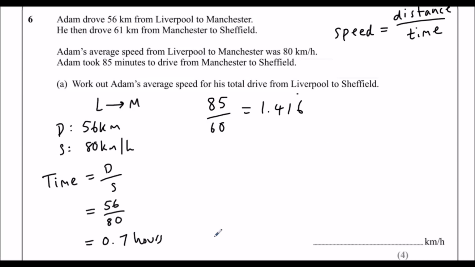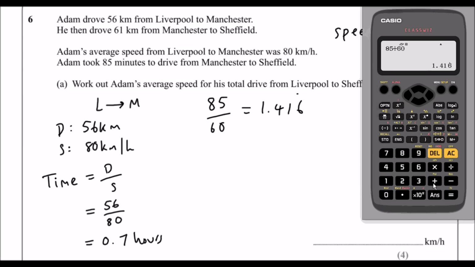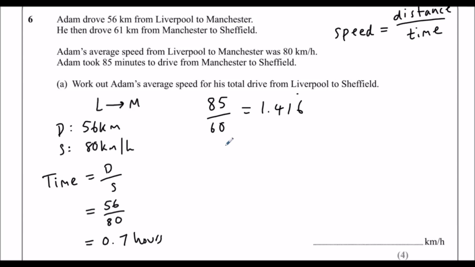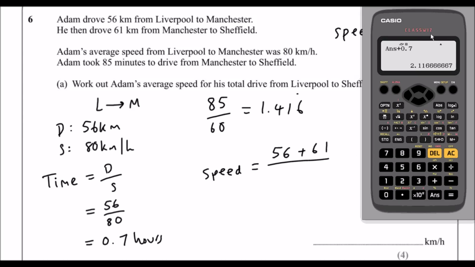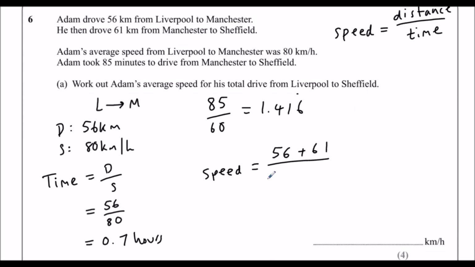If we add on the 0.7, we've got 2.116 recurring hours. So the speed is the total distance, 56 plus 61, divided by the total time, 2.116 recurring.